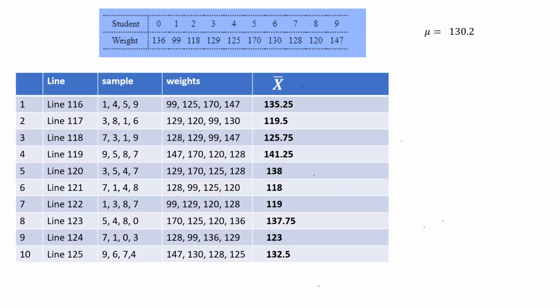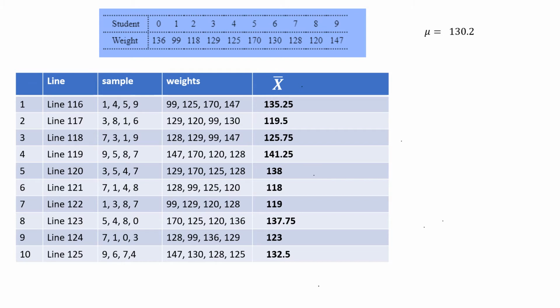By picking those simple random samples 10 times using lines 116, 117 through 125, we will get the samples and the corresponding sample weights like this, and the value for x bar, the mean for each sample, will be 135.25, 119.5, etc. So 135.25 will be a representation of the whole population mean, or 119.5 will be a representation of 130.2. Each value in this last column will be a representation of this.